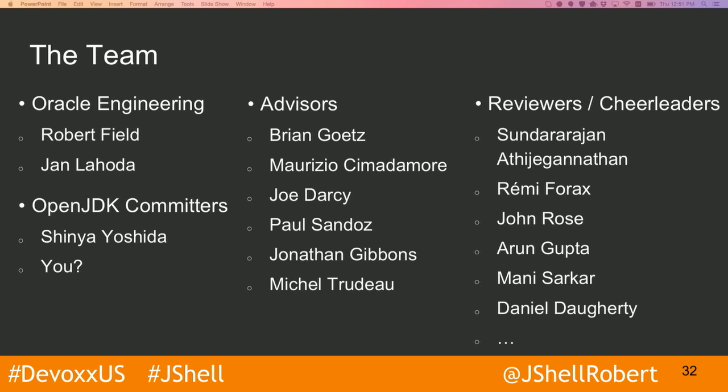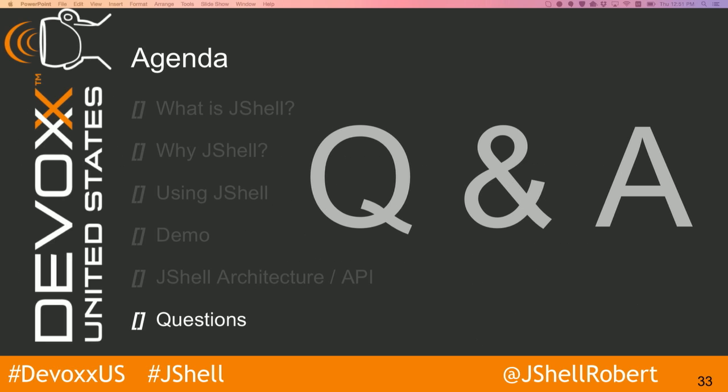Lots of people are very involved in the process. Certainly, Brian Goetz and the rest of the Lang Tools team, and lots of good reviewers and cheerleaders and so forth. And I'm open for questions.